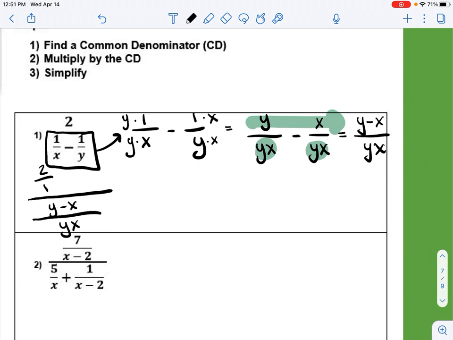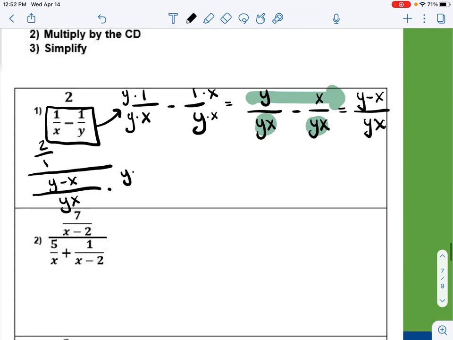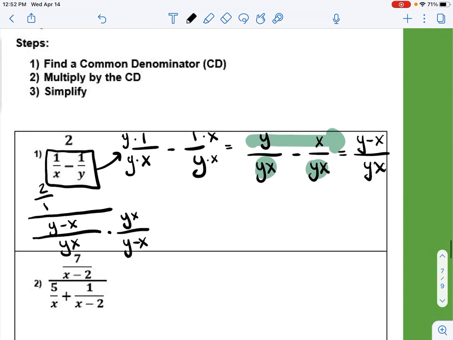Okay, so now to get our fraction within the fraction out of the denominator, you can simply multiply the denominator by its reciprocal, and then you can do the same thing to the numerator. Not multiplying the numerator by its own reciprocal, but multiplying the numerator by the denominator's reciprocal.